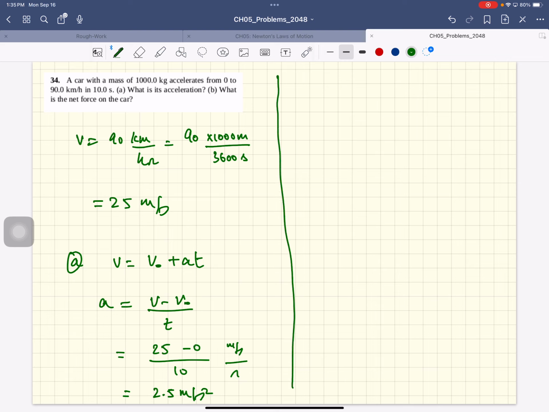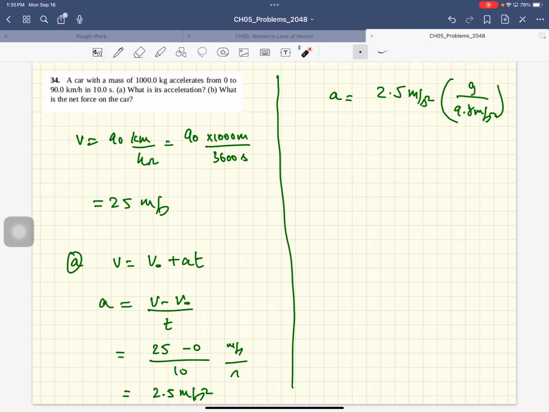All right, what we'll do is we'll write this acceleration in terms of g's. And you'll see why I'm doing this. So all I've done is I multiplied your answer by 1.